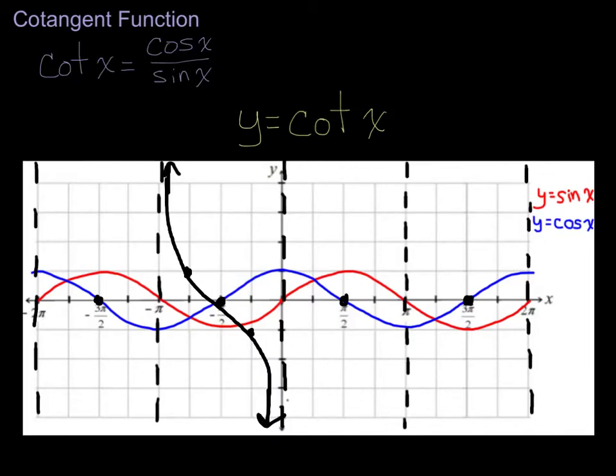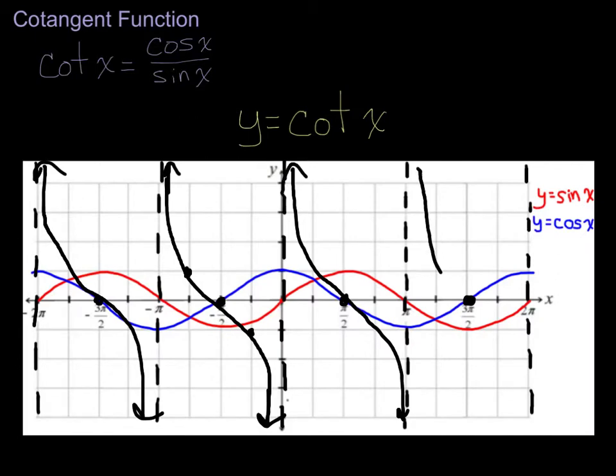I have all my zeros at negative 3 pi over 2, negative pi over 2, pi over 2, and 3 pi over 2. And if I follow that pattern, I'm going to get a graph that looks something like this. And there's the graph of y equals cotangent x.